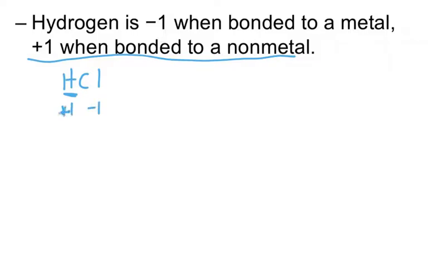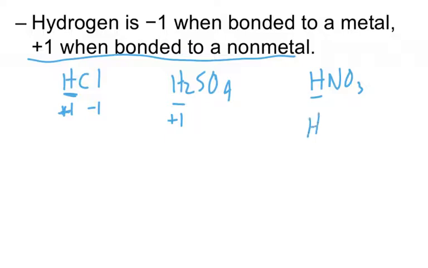When you see hydrogen written at the front end, like this, it's safe to say that it's +1. Here's a few examples. So hydrogen at the front, when it's combined with either a nonmetal or a polyatomic ion that's negative, the hydrogen will have a +1 charge.